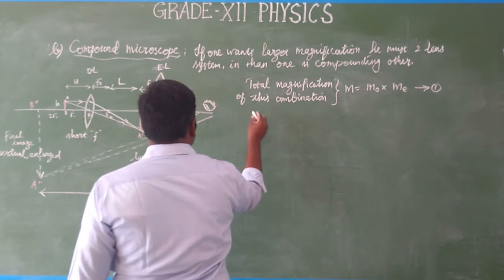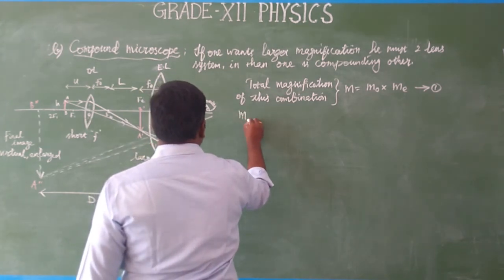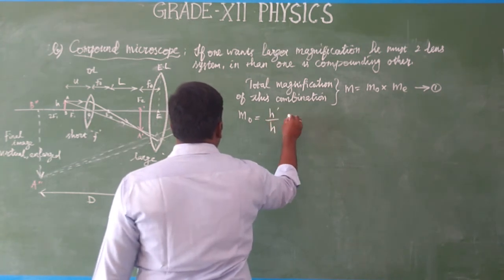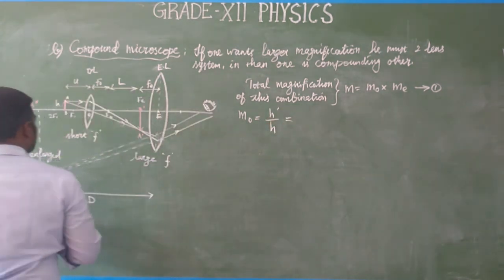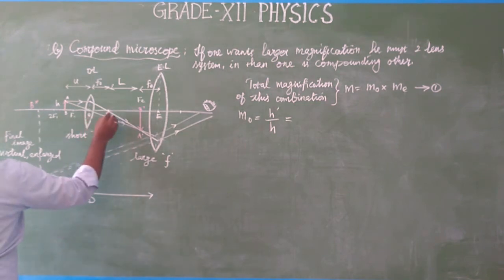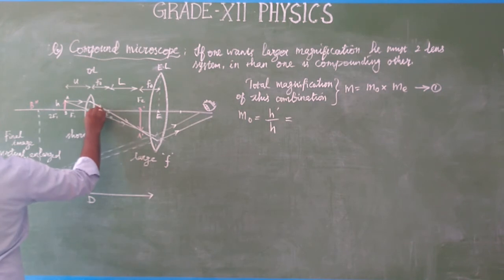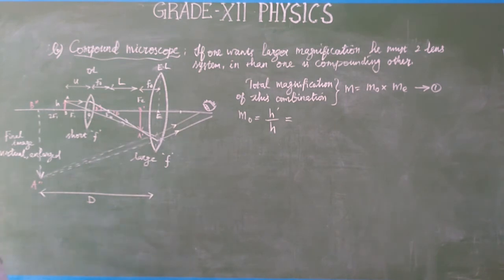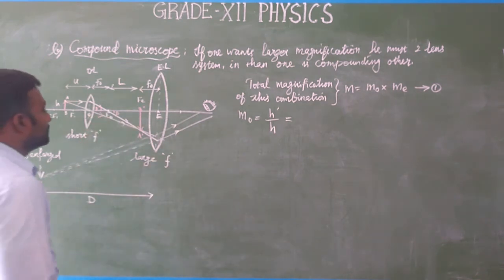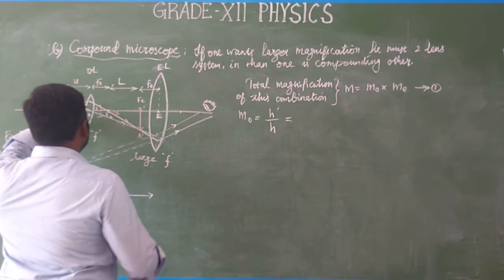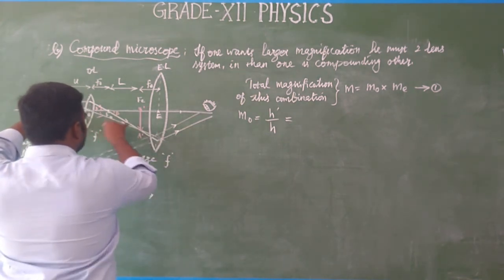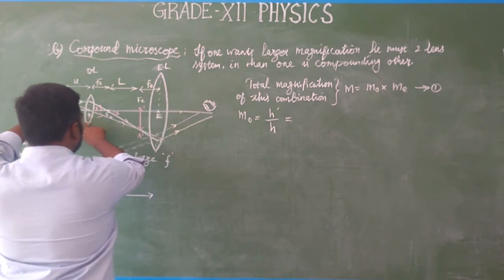First we are going to find the magnification of the objective lens. The magnification of the objective lens, beta, is the ratio between the height of the image and the height of the object. For this lens alone, forget the other lens.